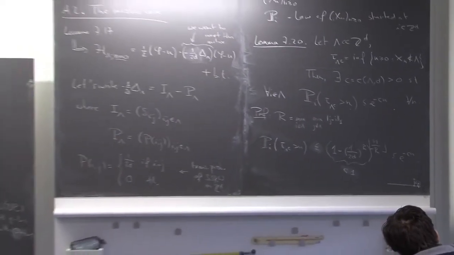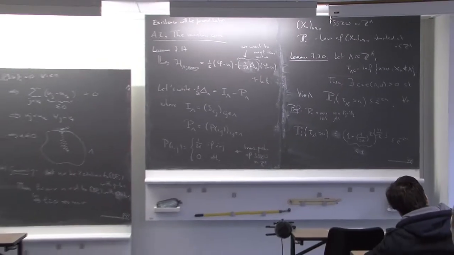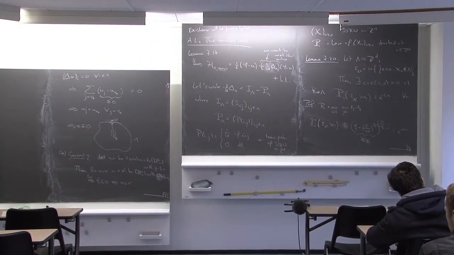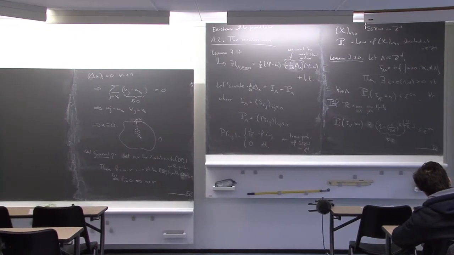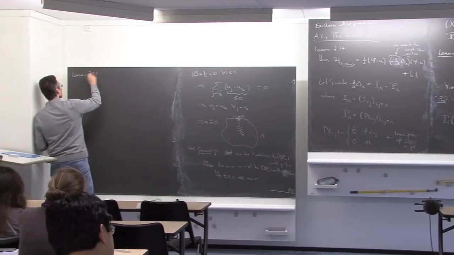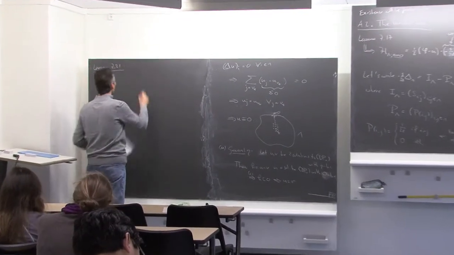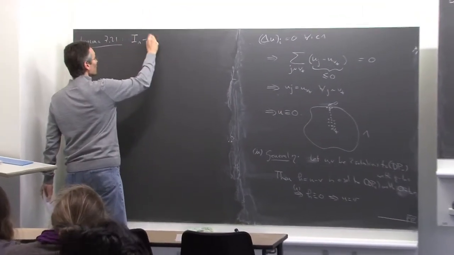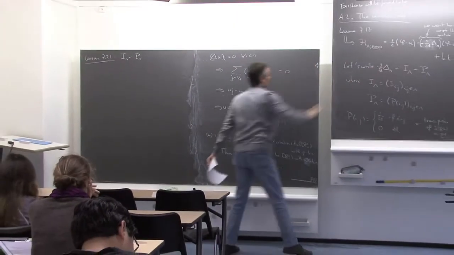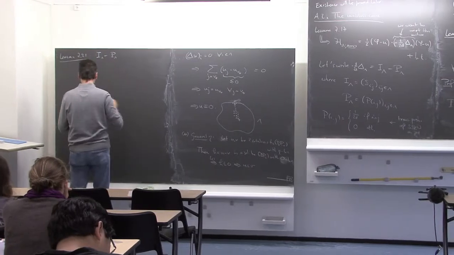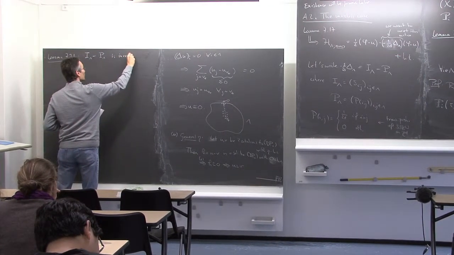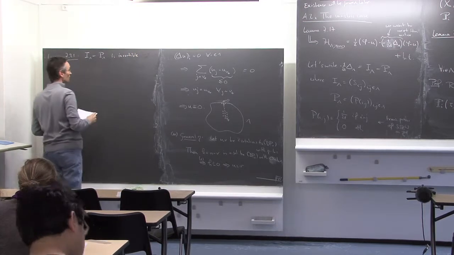Now I can state the first main result about this random walk representation, which is Lemma 7.21. I_Lambda minus P_Lambda, which I have just introduced, which is just the operator we're interested in, the matrix we're interested in, is invertible. And its inverse we can actually compute.